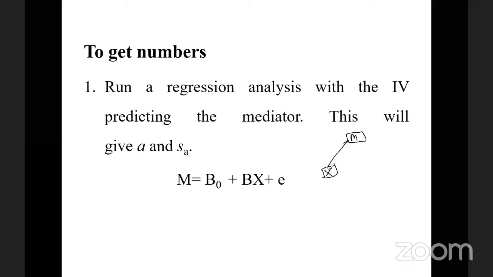So first of all, we will run a simple regression analysis. Here the mediator is just like the DV, and here X is the independent variable. So we will find the values of A and SA.